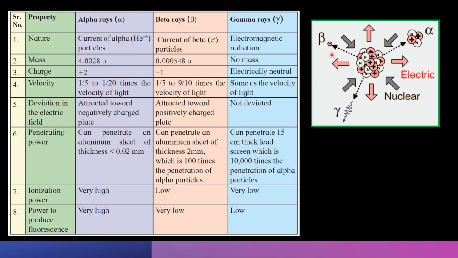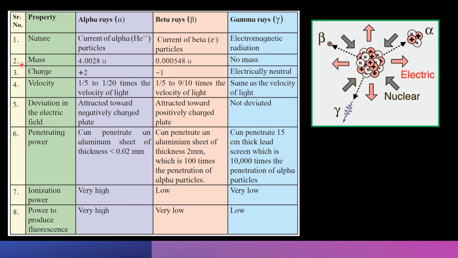That is why we saw the deflection towards the positively charged plate. If you take an atom, the component that is negatively charged is nothing but an electron. So beta rays are nothing but a current of electrons. Gamma rays are electromagnetic radiation. They do not possess a charge, they just travel at a high speed.